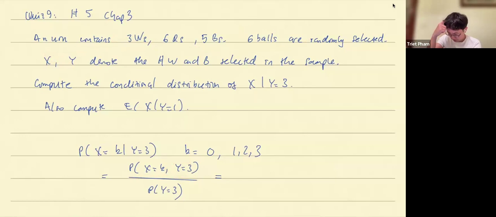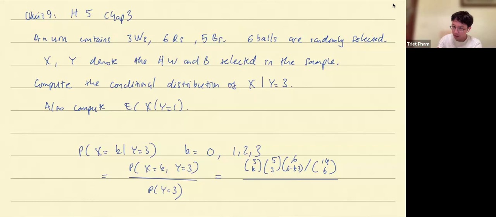So by counting, you do 14 choose 6 as the denominator, and in the numerator, out of 3 whites you choose k whites, out of 5 blacks you choose 3 blacks, and then for the remaining reds you choose 6 minus k minus 3. That's whites, blacks, reds.